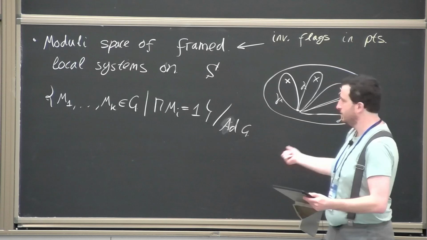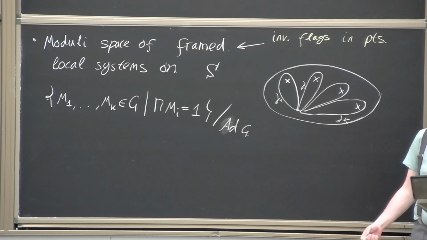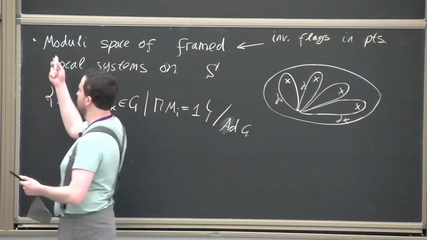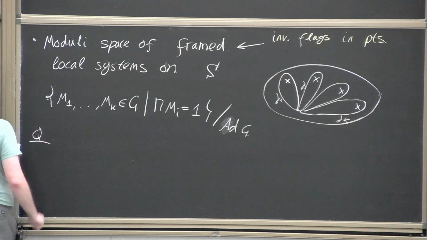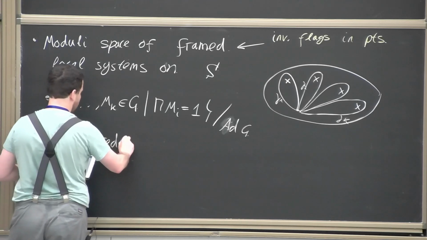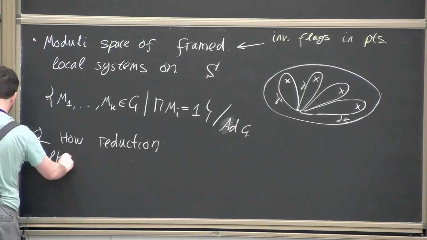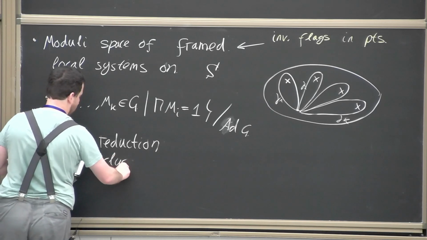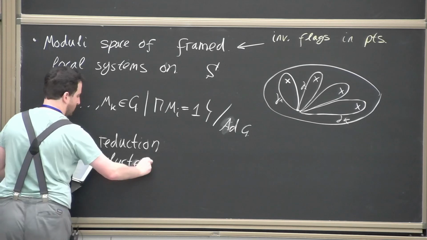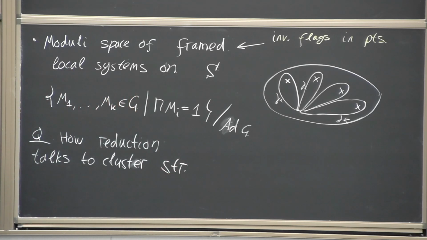So this is the type of variety that I'm going to think about, or the type of algebra that I'm going to think about after quantization. And the question for this project is how reduction talks to cluster structure. By reduction, I mean you can pick any reduction you like.